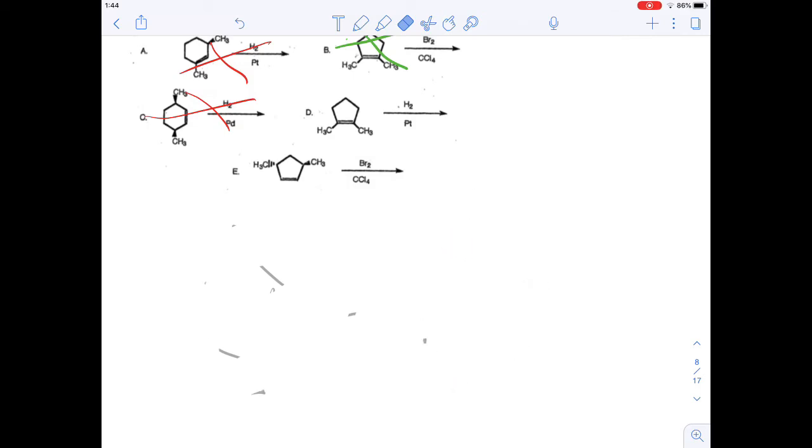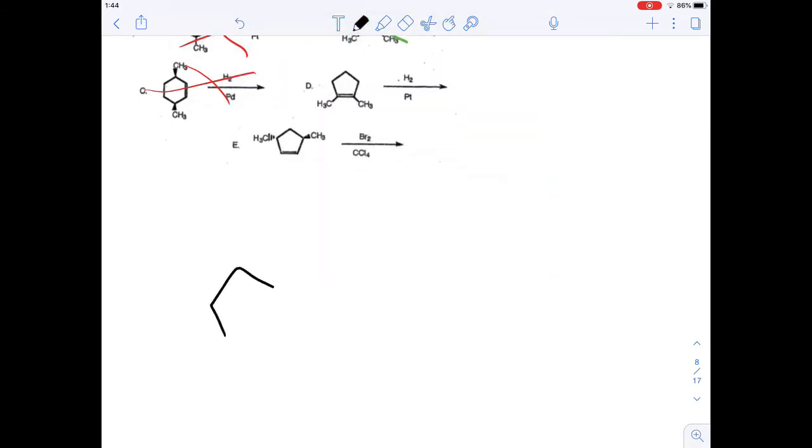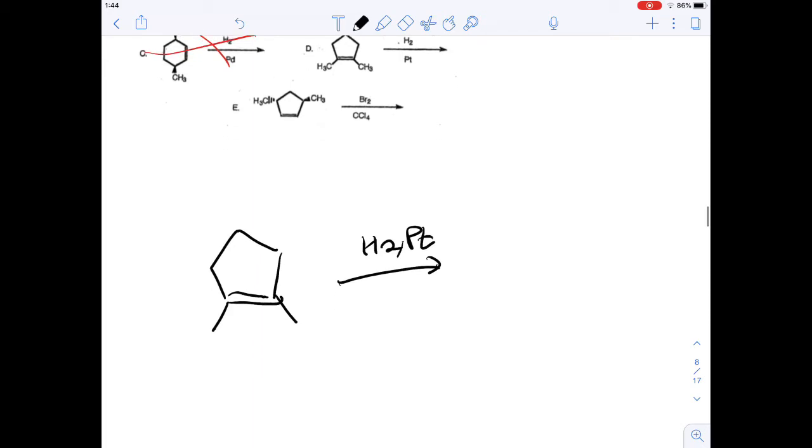Okay, let's move along to D. So you have a double bond, you have 2 methyls coming off of it. And you're going to do H2/Pt. So I'm going to put the H's on dashes.